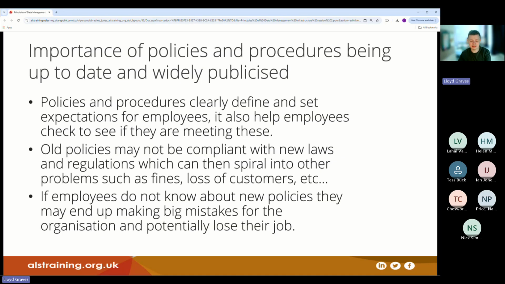Potentially even legal issues if it's a case of negligence, if your policies aren't up to date. And if people don't know about the new policies, they can end up making bigger mistakes for the organization and potentially lose their job, or the organization might face problems, just because they weren't informed about a new policy or a policy change.